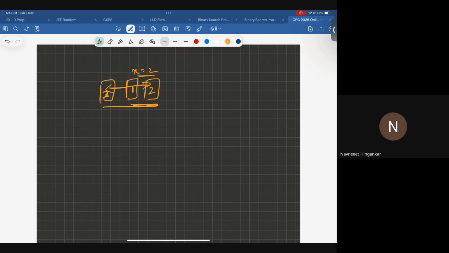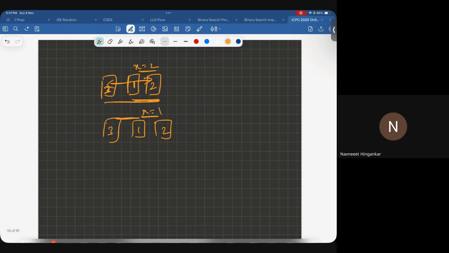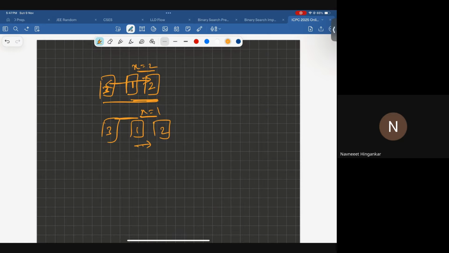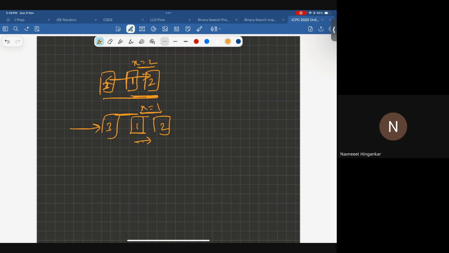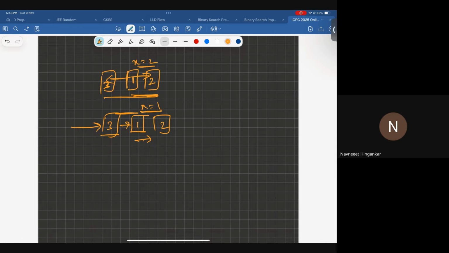So I could do something like, let's say my structure of doors is something like this: 3, 1, 2. I start with x equal to 1. I have two choices here: either I could go from 1 to 2, or I could go from 1 to 3, right? We didn't care how we got to 1.